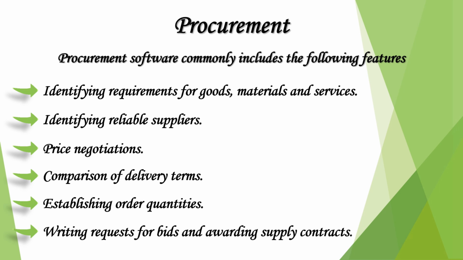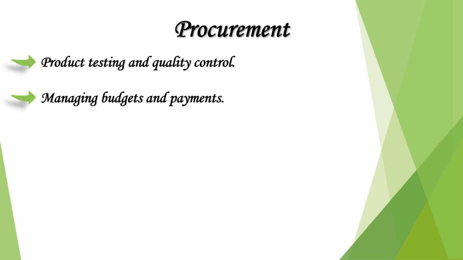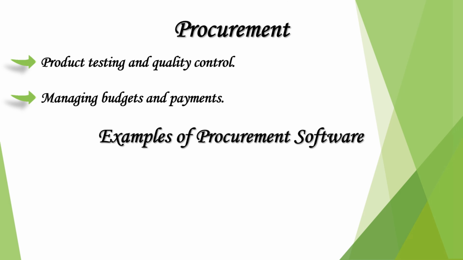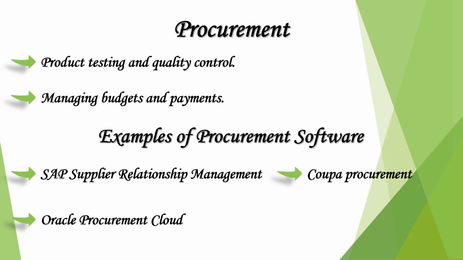Writing requests for bids and awarding supply contracts. Product testing and quality control. Managing budgets and payments. Examples of procurement software: SAP Supplier Relationship Management, Oracle Procurement Cloud, Coupa Procurement, Workday Procurement.